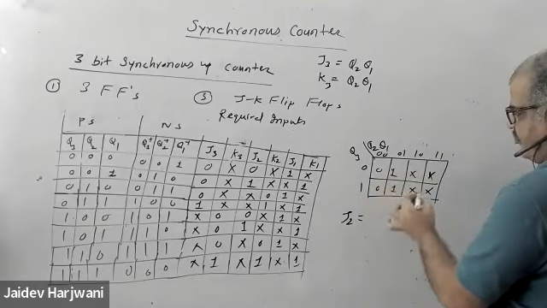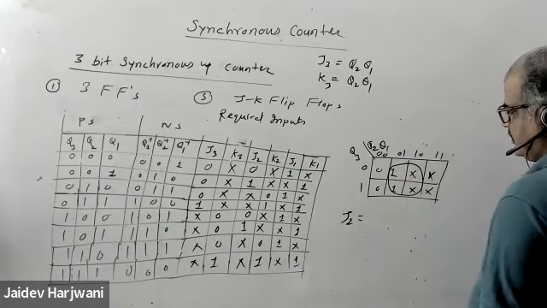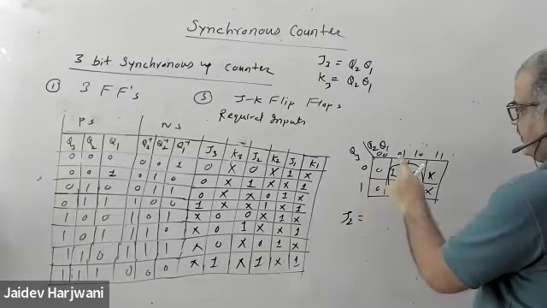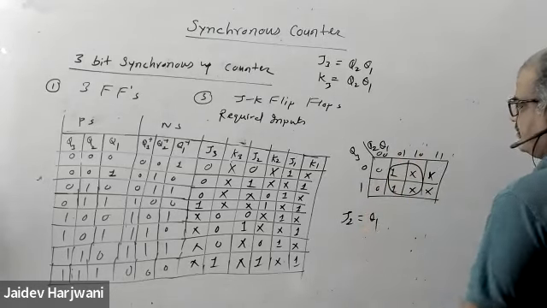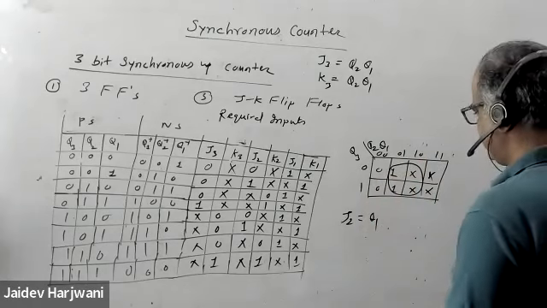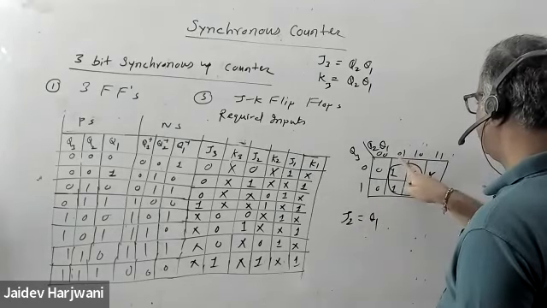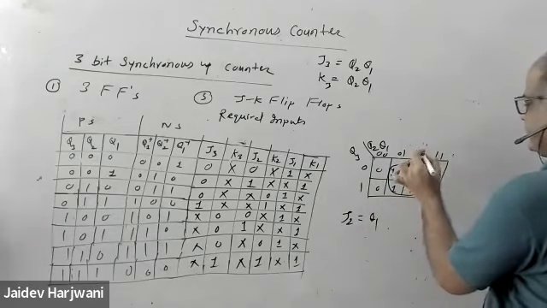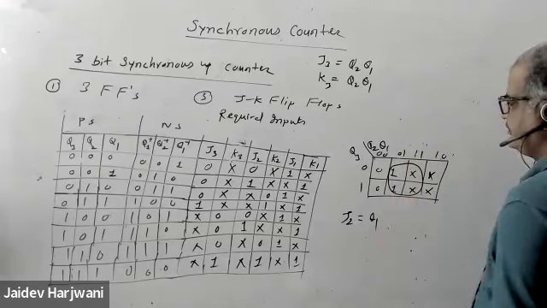We can take this quad, yes. This is varying only, Q1 is constant. So J2 is equal to Q1. Sorry, this should be 1, 1. So this is Q1 should be there.